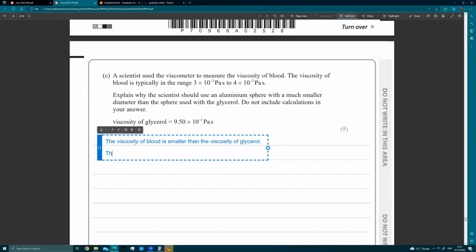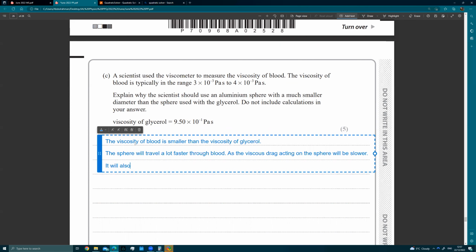Because it's smaller, the sphere will travel a lot faster through blood because there's less viscosity, so there's less frictional forces opposing it. So it will travel a lot faster through blood as the viscous drag acting on the sphere will be smaller.